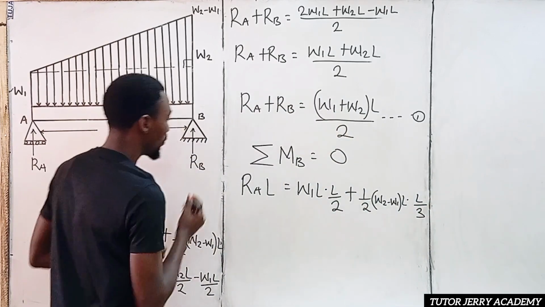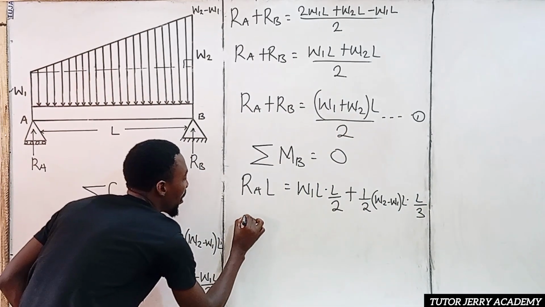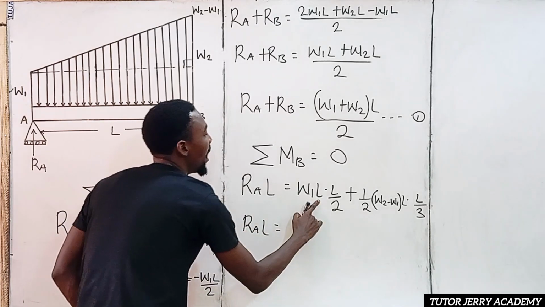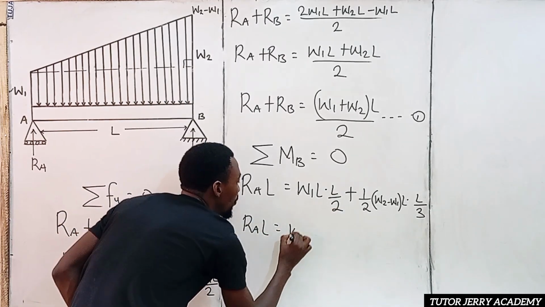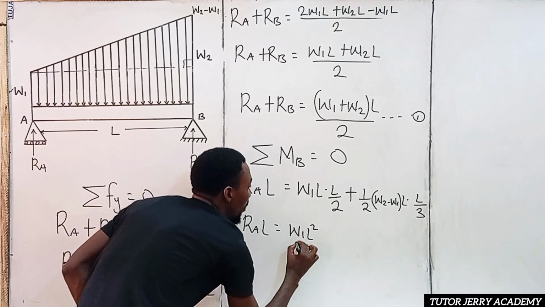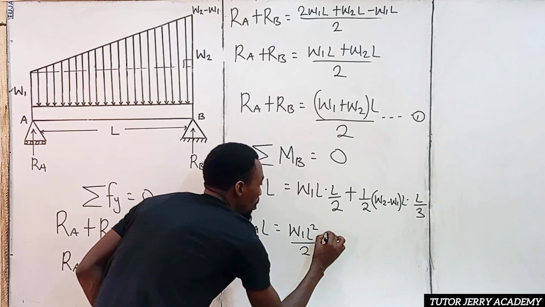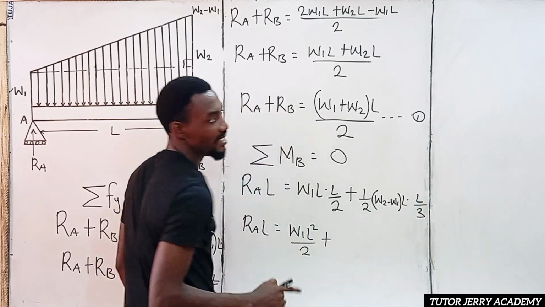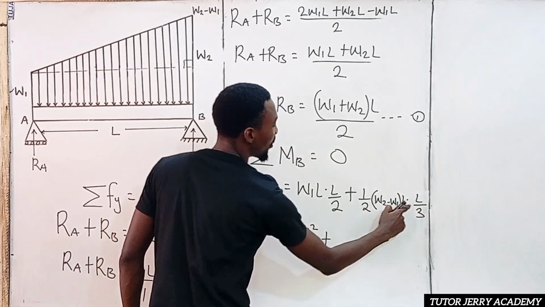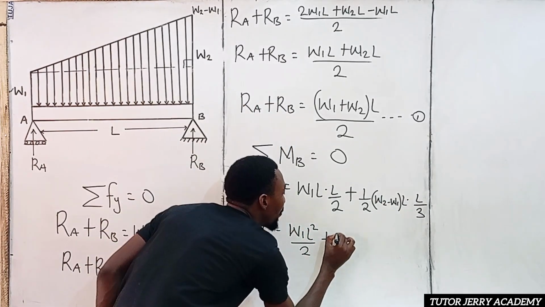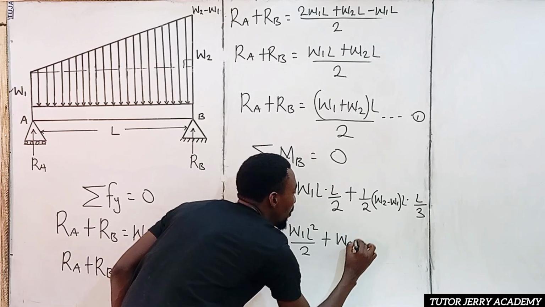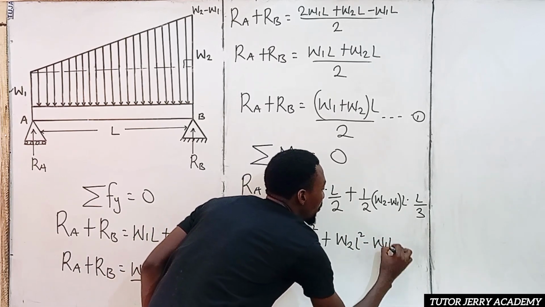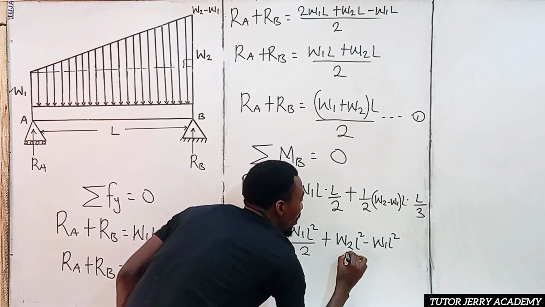3. Alright. So if we continue with that, we are going to have our RAL to be equals to L multiplied by L. That is W1 L square all over what? All over 2 plus, here we are going to have L multiplied by L is L square. So if you use L square to clear the bracket, we are going to have W2 L square minus W1 L square, everything all over what?